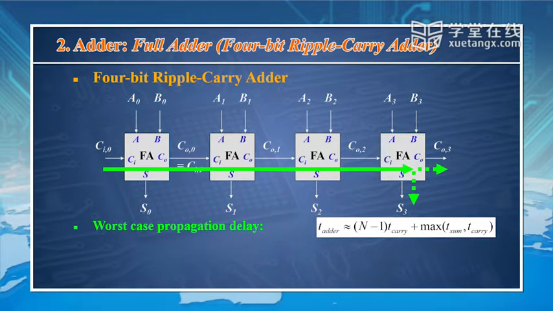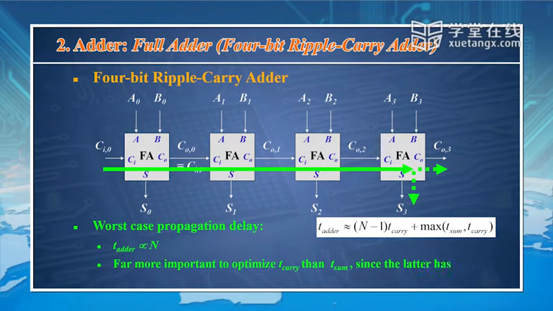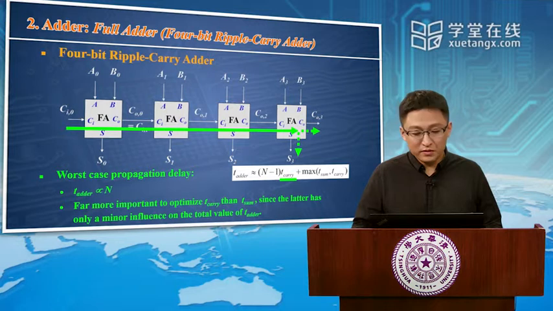So this one stands for the n-1 T carry, then plus the maximum value of T sum and T carry. So T adder, you can find over here, is proportional to the number of the stages, the number of the bits, right? T adder has a linear relation with the number of the stages or number of the bits.